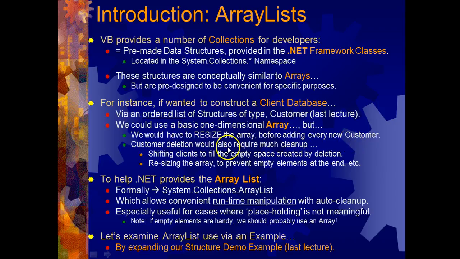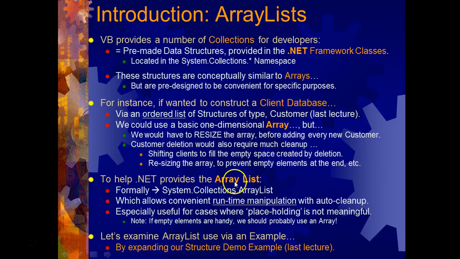And customer deletion would also require a lot of cleanup, shifting clients to fill the empty space created by deletion, and resizing the array to prevent empty elements at the end. You don't want to have empty spaces in your database, but if you just had an array and deleted an element, it would leave empty space in the array.